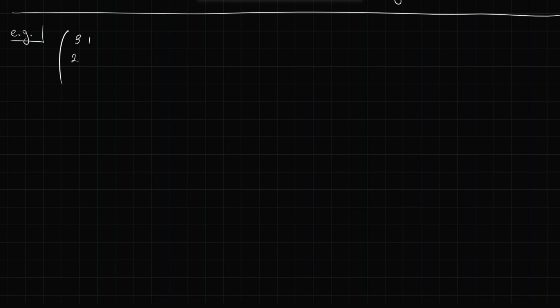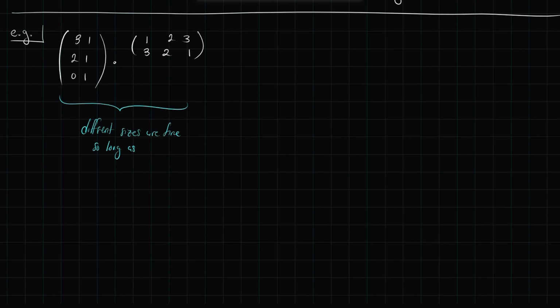Let's run some of these examples. Let's do 3, 1, 2, 1, 0, 1, and we'll multiply this by 1, 2, 3, 3, 2, 1. And you'll notice that the sizes are different, and that is perfectly allowed, so long as the row-column inner products still make sense.